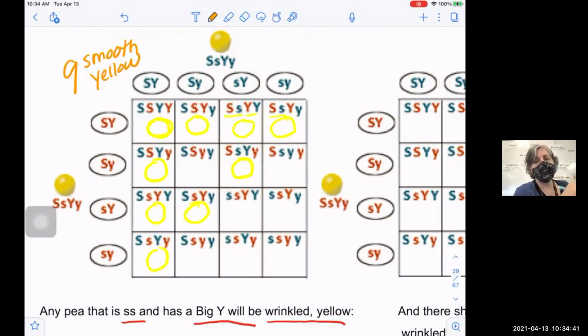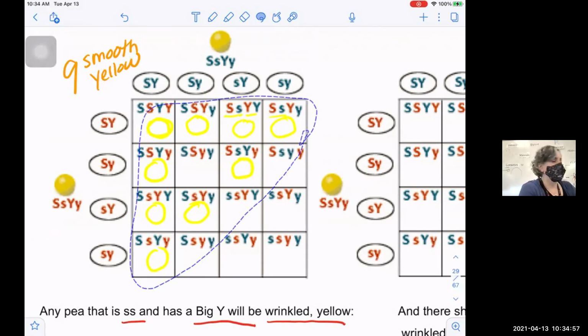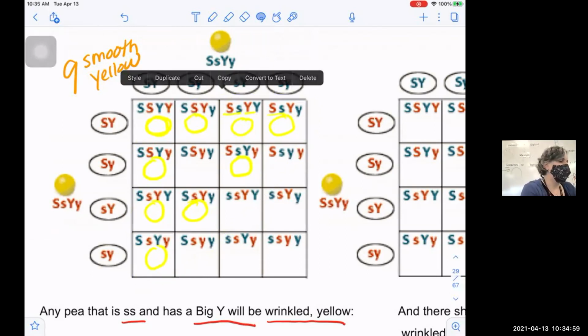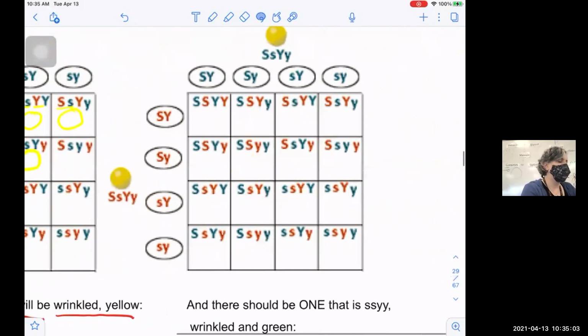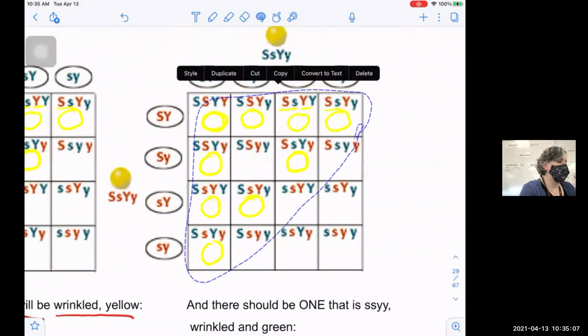All right, so what I want you guys to do right now is use your scissors tool. It used to be a scissors, now it looks like this squiggly line. Still, I call it the scissors tool. You're going to scissor the peas that you just drew and copy them, and let's paste them on the Punnett square over here, so we don't have to redraw these.